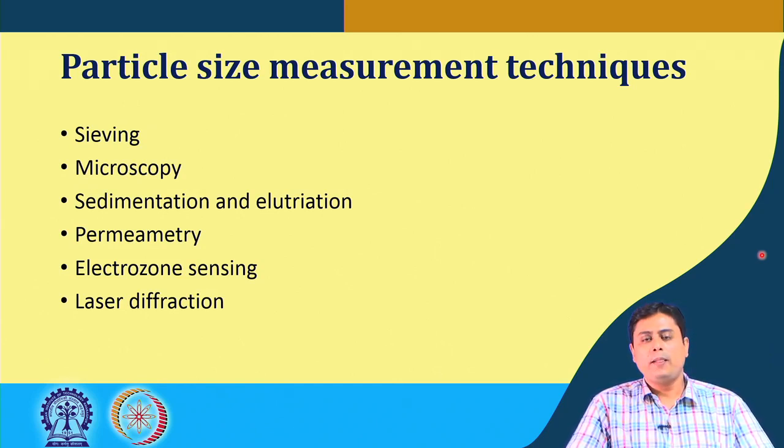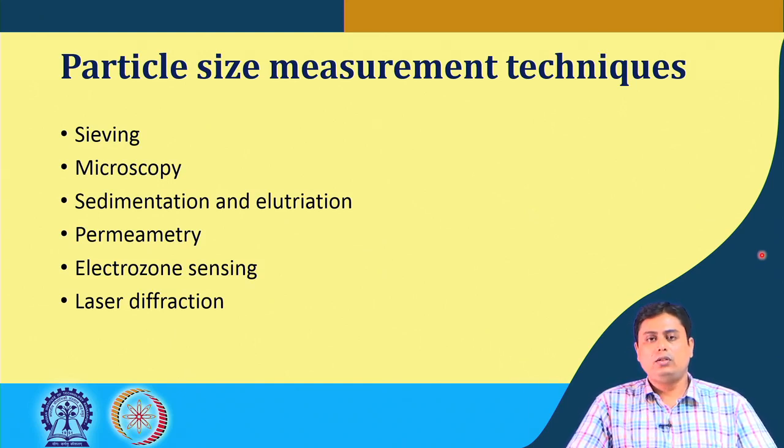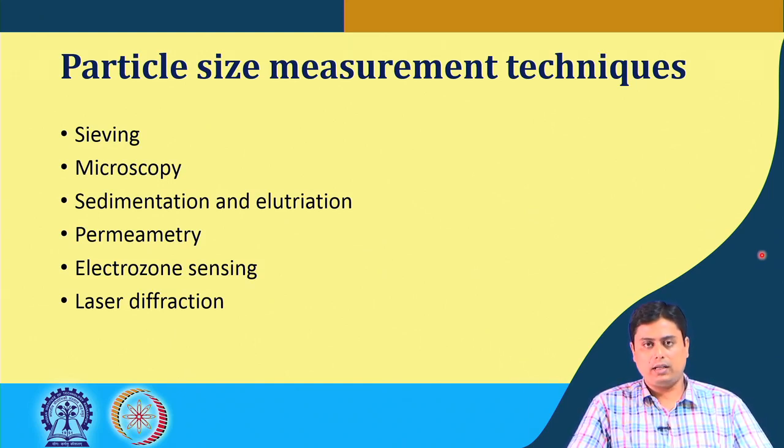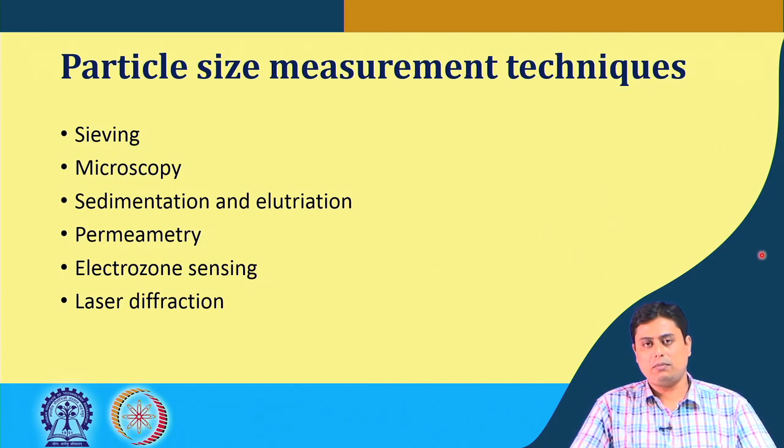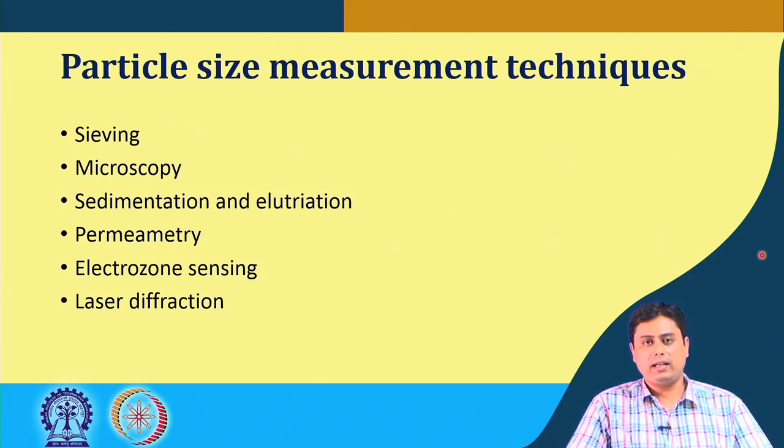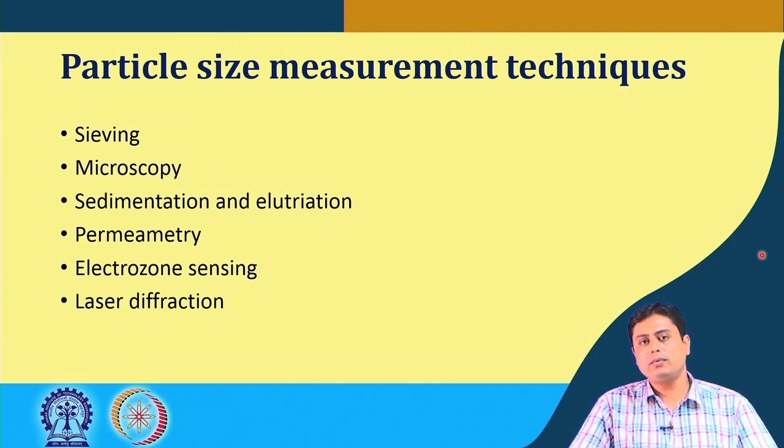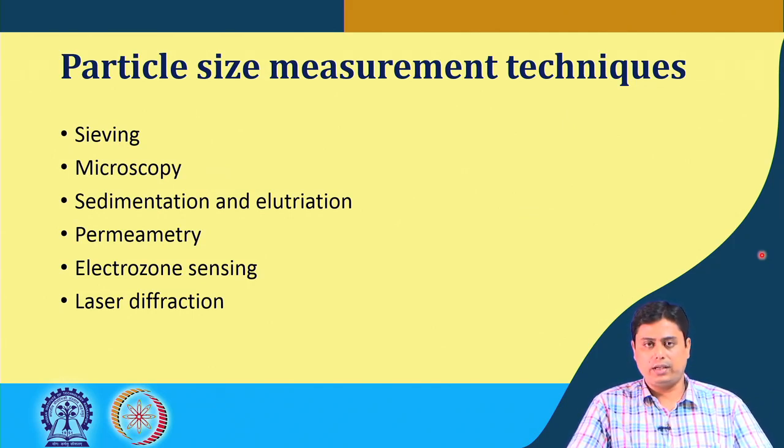So, eventually if that is not a mono-sized particle or uniform size particles, which is very difficult to achieve or has rather limited applications, we typically have a wide range of particle size and shapes. So, that is why particle size distribution becomes important in such cases.